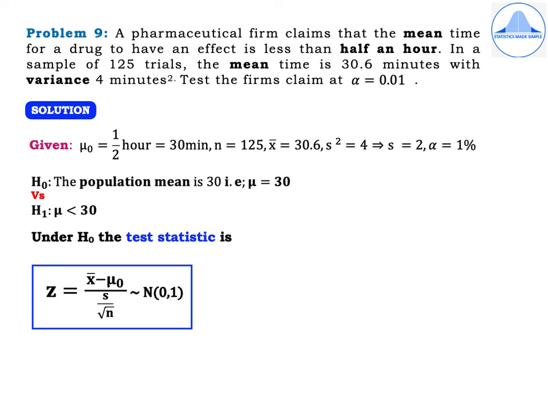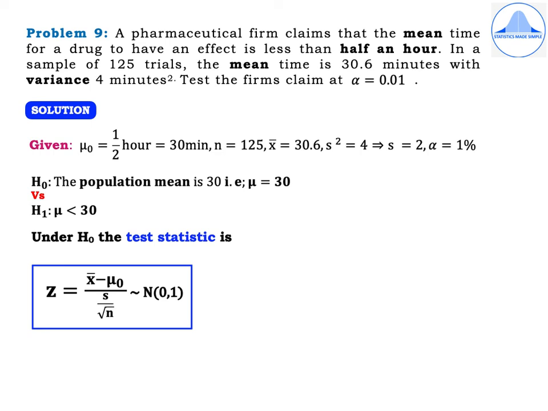Next, write H naught. The population mean is 30, that is mu is equal to 30 versus H1 mu is less than 30, because in the question they have mentioned that in the first sentence the mean time for a drug to have an effect is less than half an hour. So the given problem is a left-tailed test.